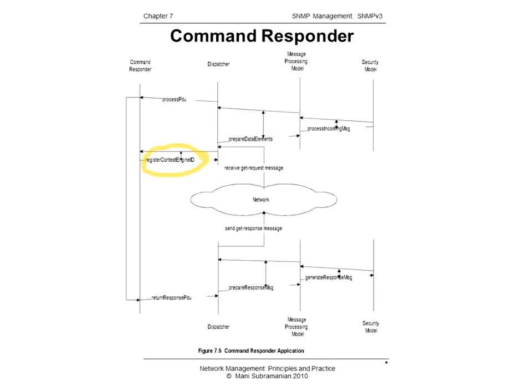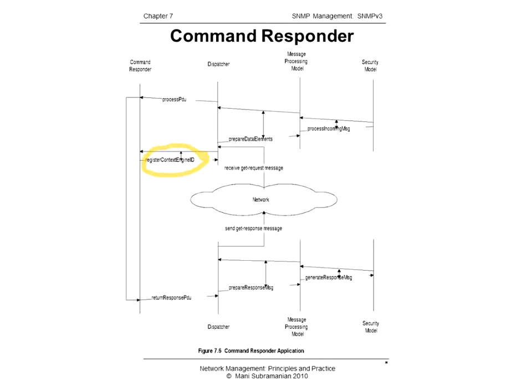Now once this is in place, the get request is received by the dispatcher. Data elements are prepared by MPM. Security parameters are validated by SM, and the process PDU is passed on to the command responder.